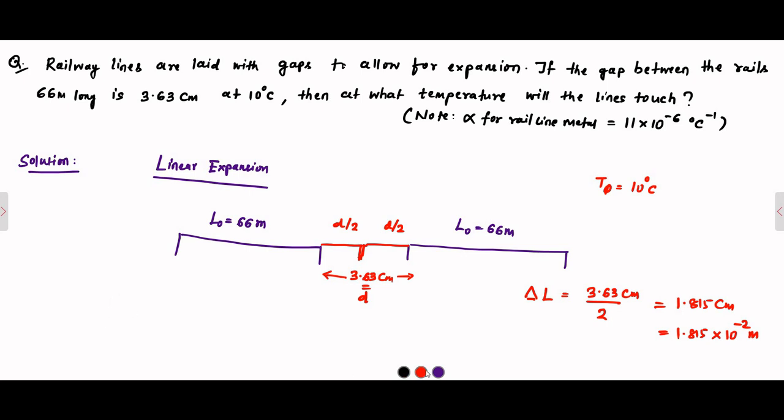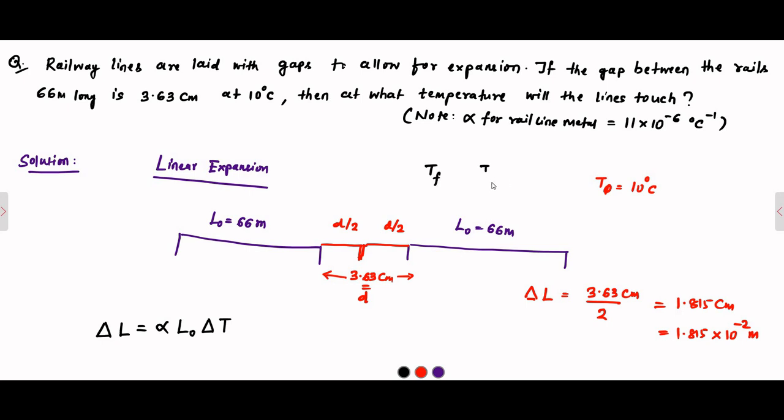Now we know that the increase in length delta L is equal to alpha L0 delta T, where delta T is the change in temperature. Let's say the final temperature is Tf.